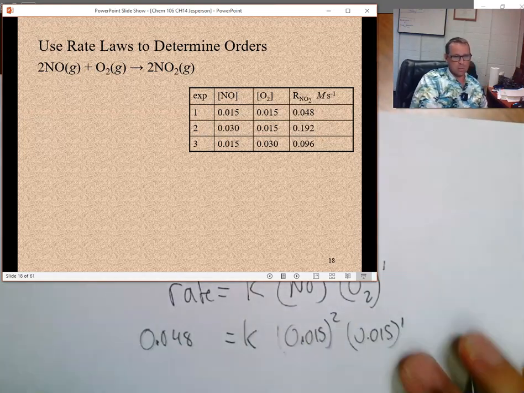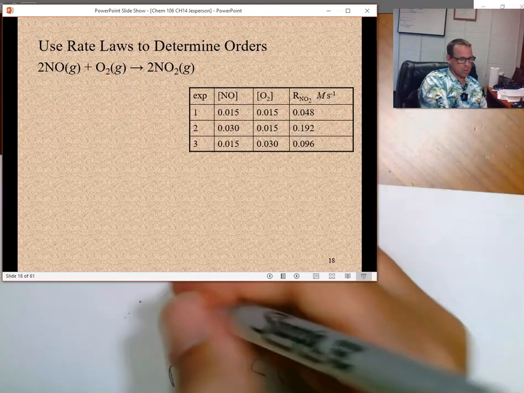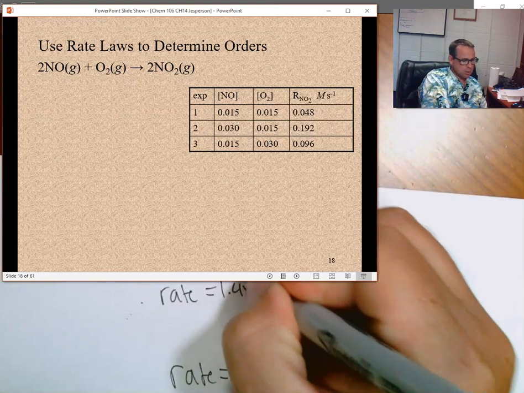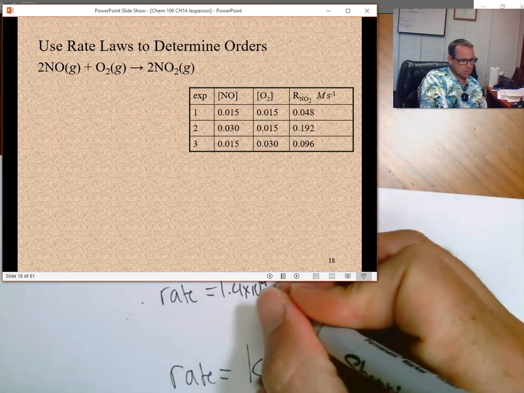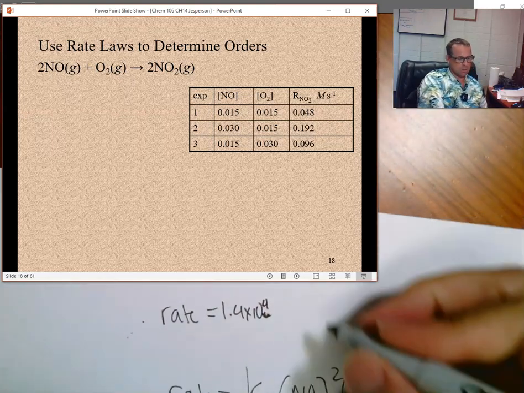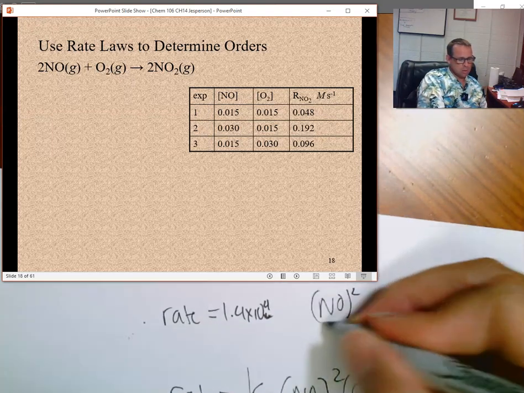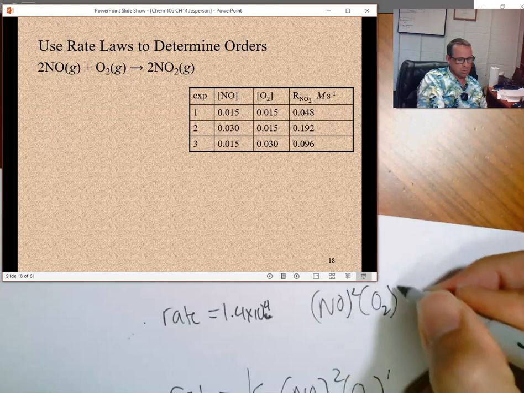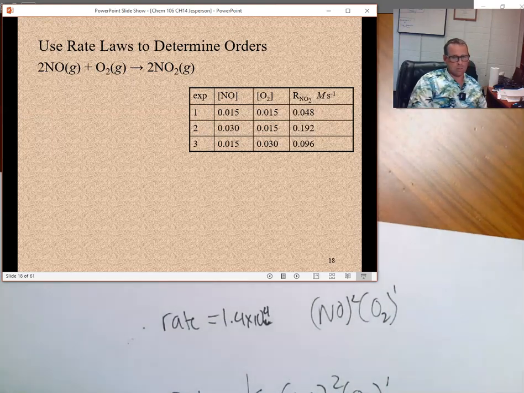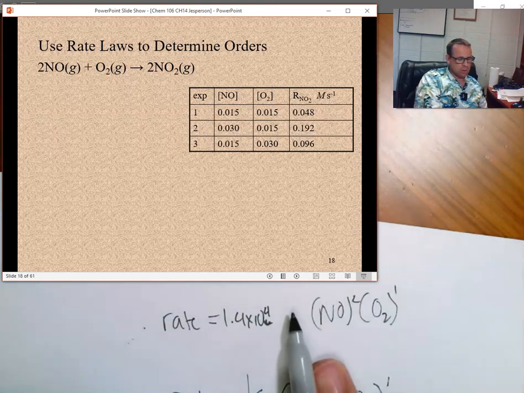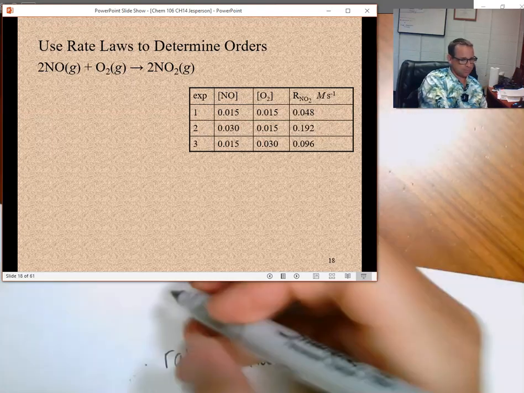So then what we have here is the finished rate law, which is rate equals 1.4 times 10 to the 4th, times the concentration of NO squared, concentration of O2 to the 1, right? And now I just have to make sure I get the correct units. The rate is going to be in molar per second.